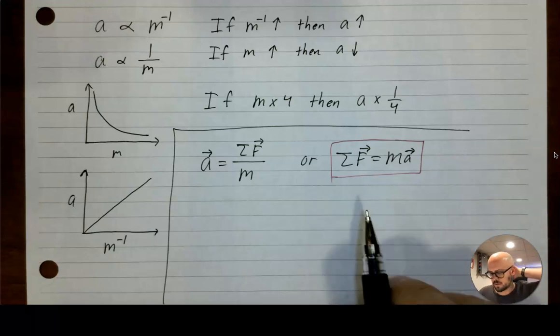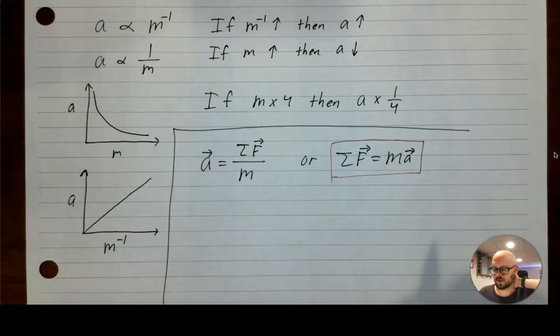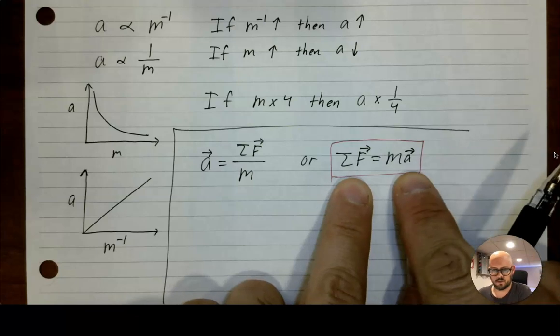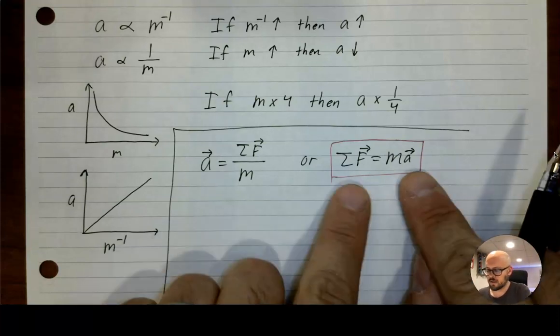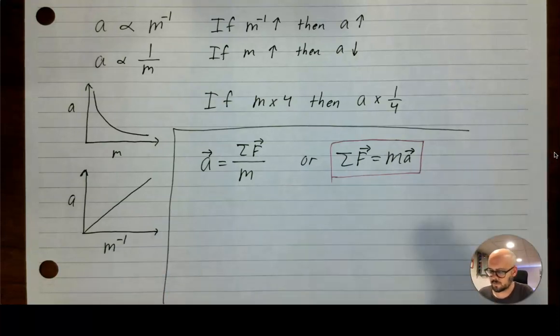This is an equation that has two vectors in it, net force and acceleration. They're the only vectors, and they appear on opposite sides of the equation. When that happens, you can usually say that these two vectors have the same direction.